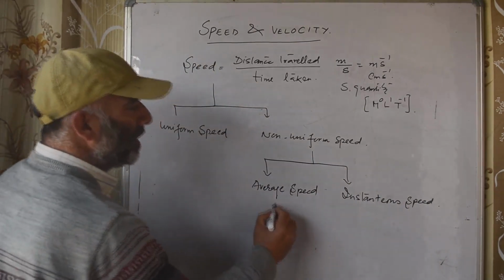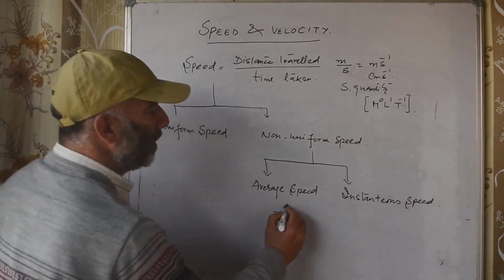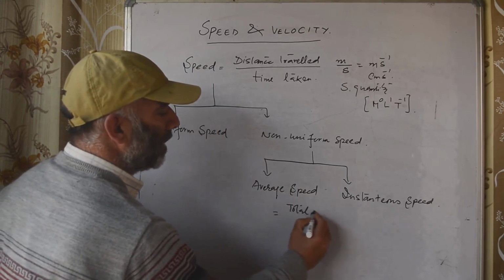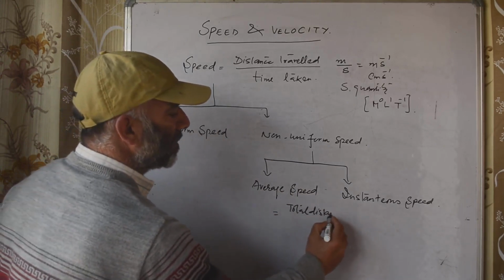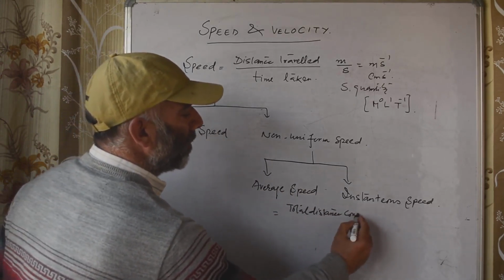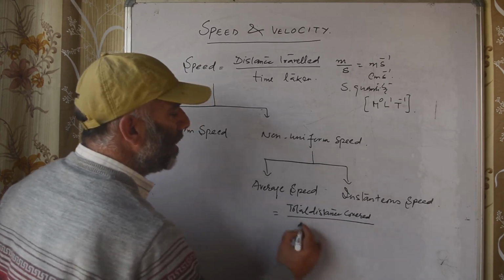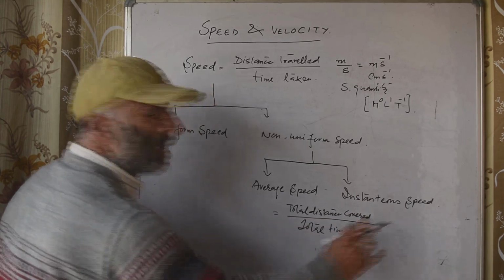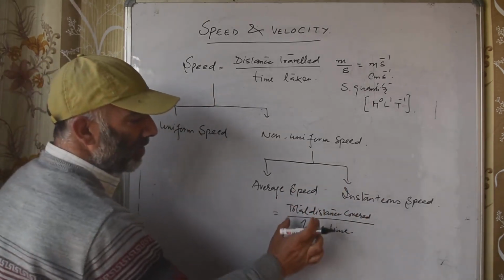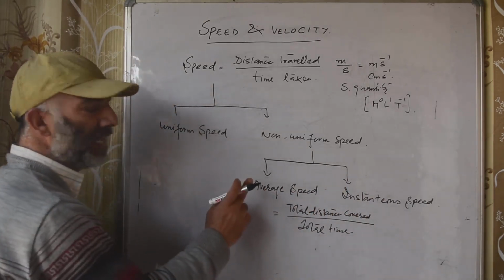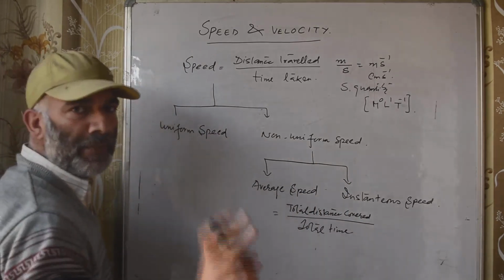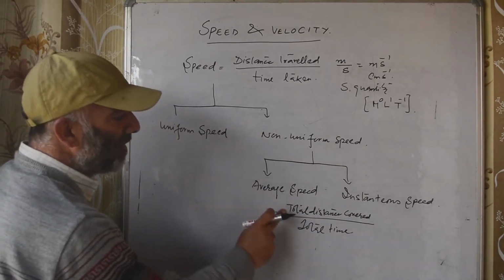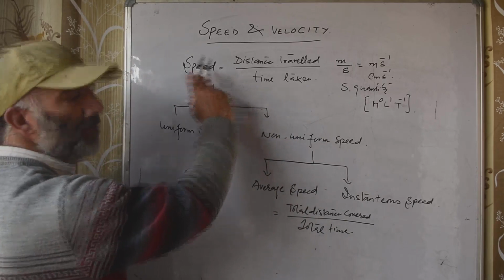Average speed is total distance covered divided by total time. Total distance covered divided by total time will give us the average speed. And remember, the average speed has the same units as that of speed.